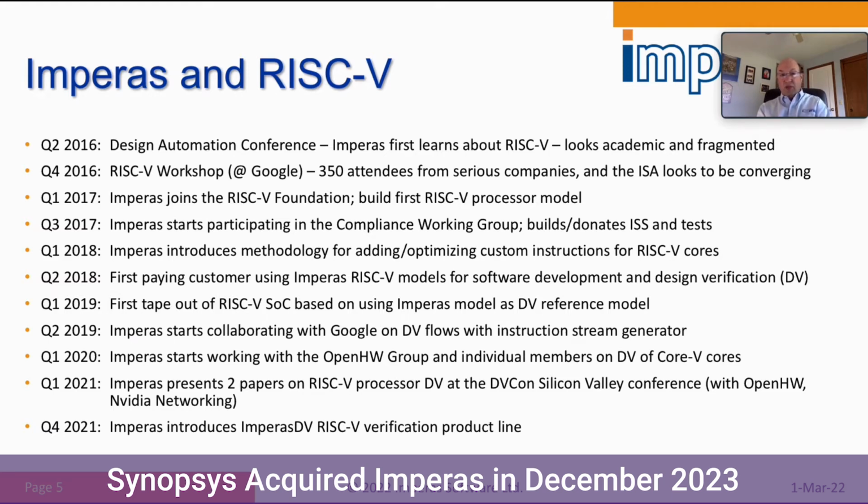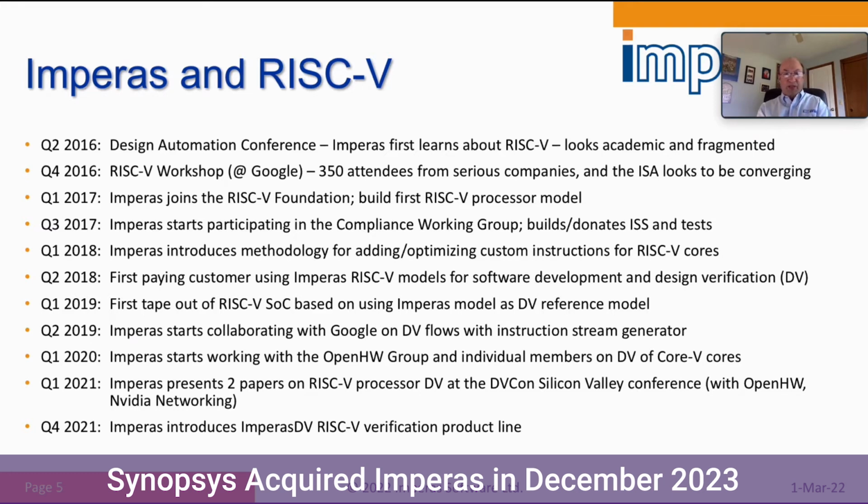And then we started collaborating with Google on the DV flows using the open source instruction stream generator that Google had started building. In 2020, we started working with the Open Hardware Group and individual members of the Open Hardware Group on DV of the open hardware Core-V cores. A year ago now, we presented 2 papers on RISC-V processor DV at DVCon Silicon Valley, one with open hardware, one with NVIDIA networking.